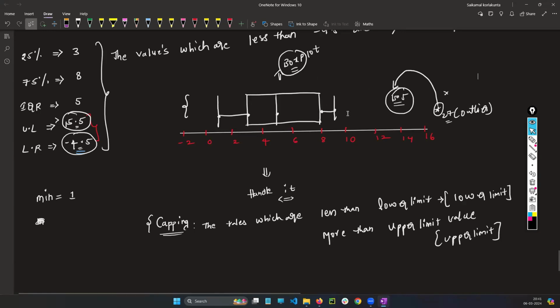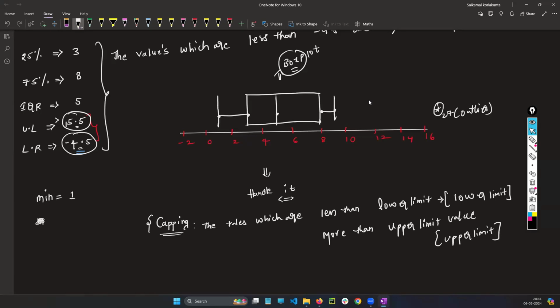Okay. So how many outliers are there currently? We have only one outlier, which is 27. The capping concept means the values which are less than the lower limit are outliers, and greater than the upper limit are outliers.